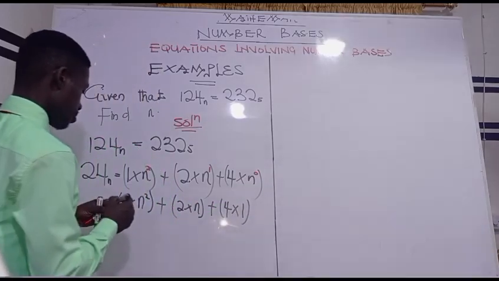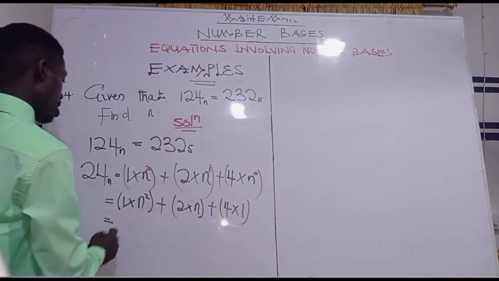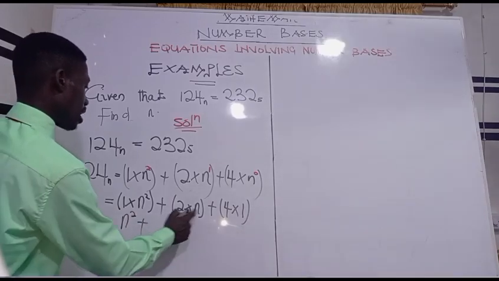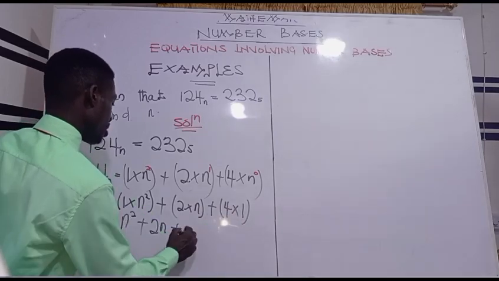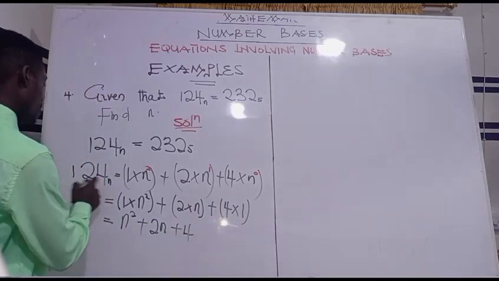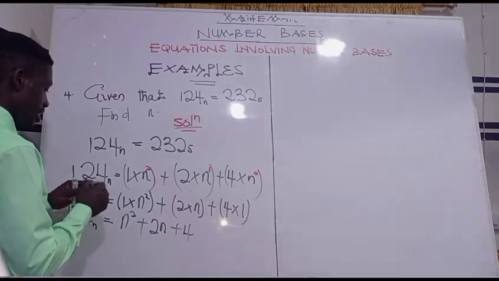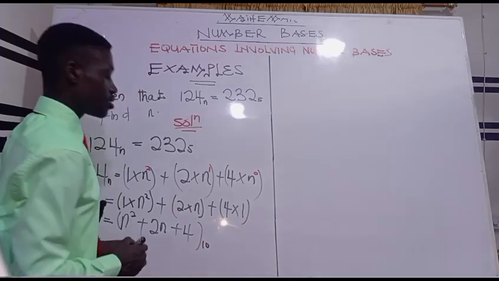Any number raised to the power 0 gives 1. So we have 1 times n squared will give us n squared, plus 2 times n will give us 2n, plus 4 times 1 will give us 4. So therefore we can say that 124 to the base of n is equal to the whole of this to the base of 10. Good.